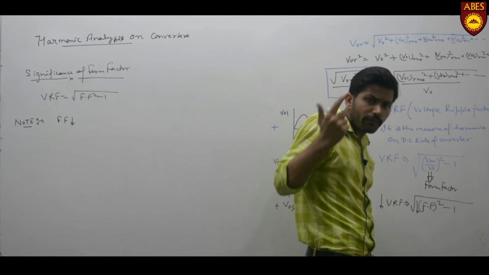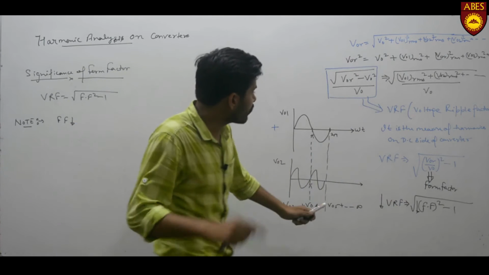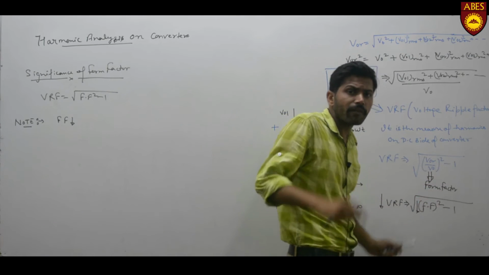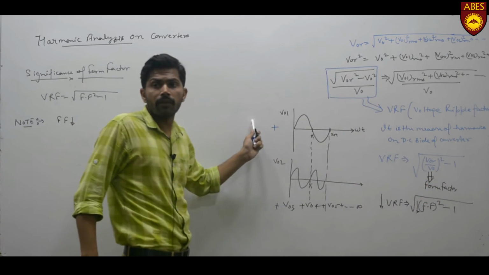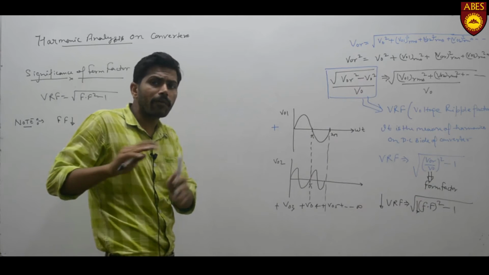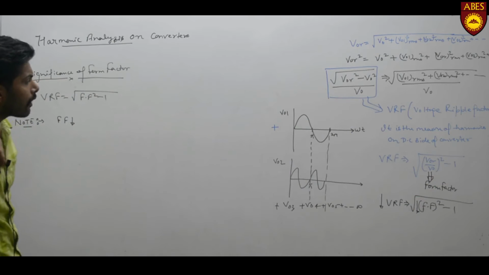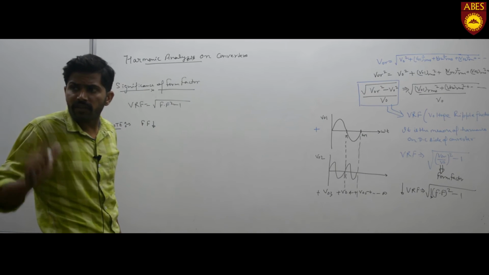Form factor unity means RMS and average value are the same, and they are the same for a pure DC wave. If we want perfect DC at the output, its RMS and average value are the same, and that is only possible when the form factor is equal to 1.